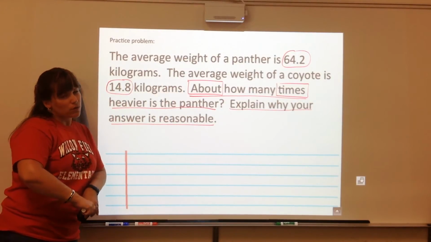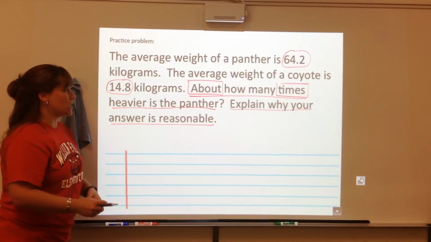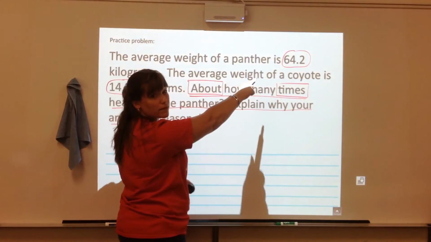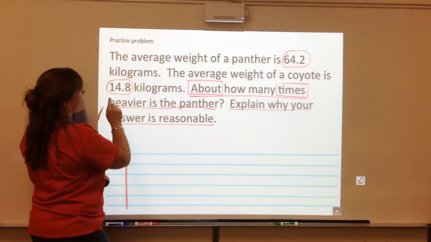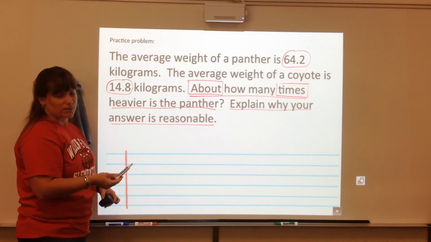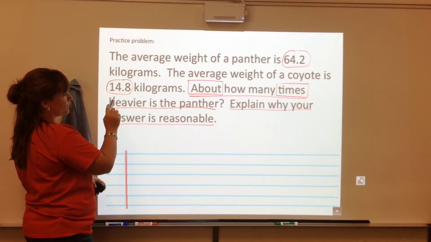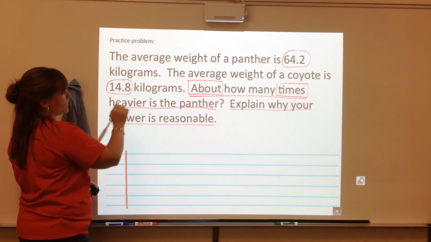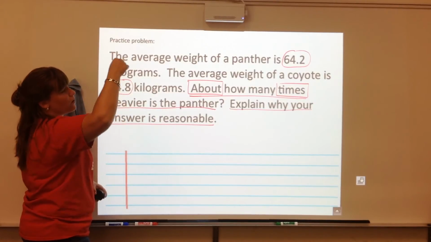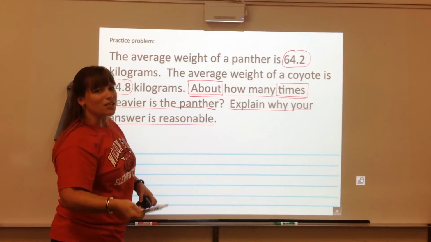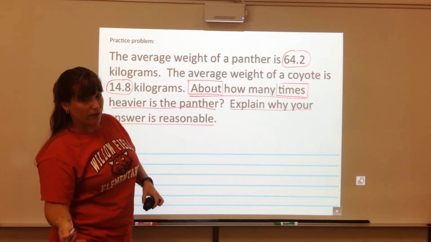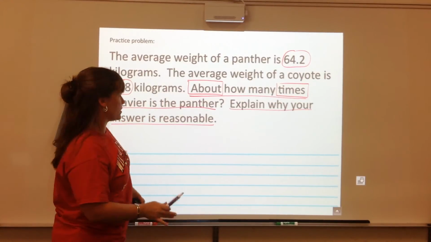If we were to multiply these numbers, that wouldn't make sense because we already know how heavy the panther is. But we want to compare the two weights. And we want to take this 14 and figure out how many 14s we would need in order to get to the 64. Now I've dropped off the decimals just for simplicity.